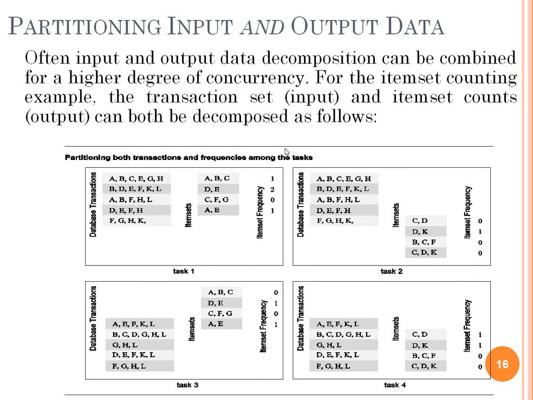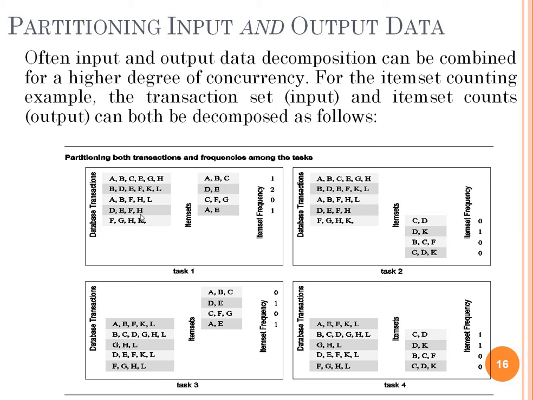Now, partitioning input and output data. We have seen output data partitioning and input data partitioning. Often input and output data decomposition can be combined for a higher degree of concurrency. For the item set counting example, the transaction set input and the item set count, that is the output called frequency, can both be decomposed as follows. Let's revise: the transaction data set has 10 rows, 8 item sets and their frequency.